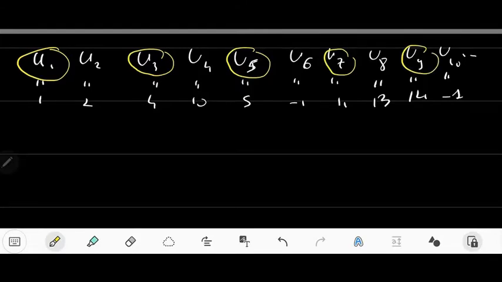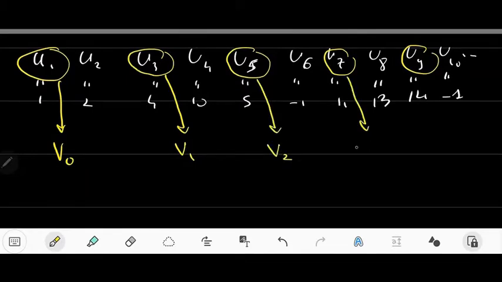I'm selecting all the terms with odd indices. So U1 will be V0, U3 will be V1, U5 is V2, U7 is V3, and U9 is V4.